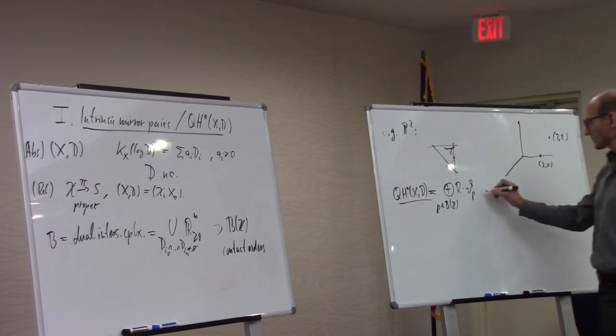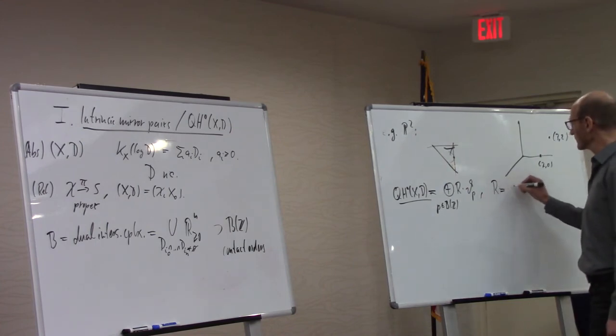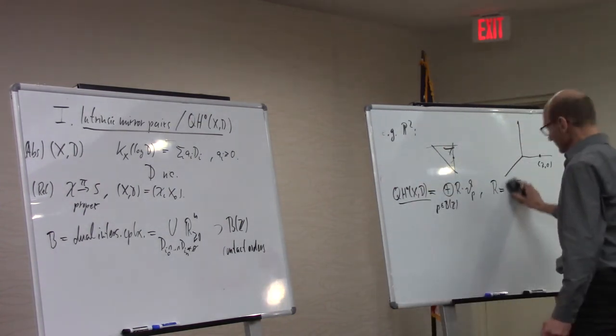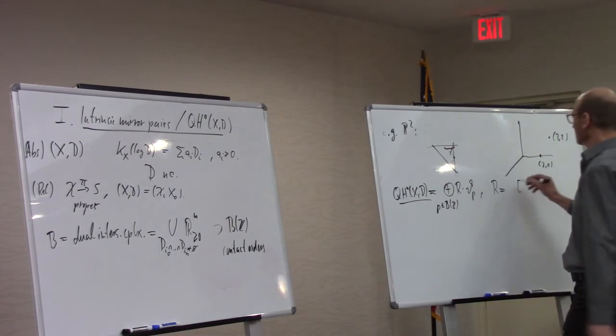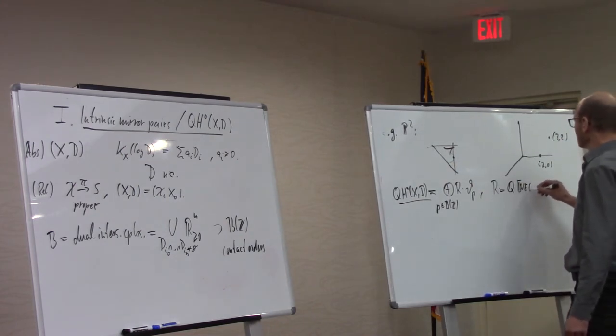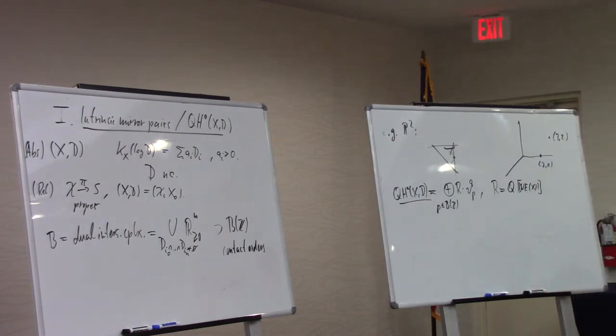Okay, and then what is the coefficient ring? Actually I don't need C. We'll go with rational numbers. And then it's some completion of the effective curve classes on X, or some finitely generated version of that. Okay, so these will contain curve classes.